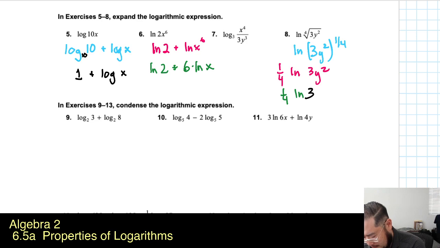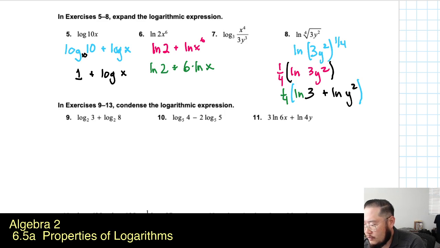Okay? We have ln y to the second. Now, I think right here it'll make a little bit easier. We have that 1/4 out in front, and it's 1/4 times all of this action that we're just dealing with right here.